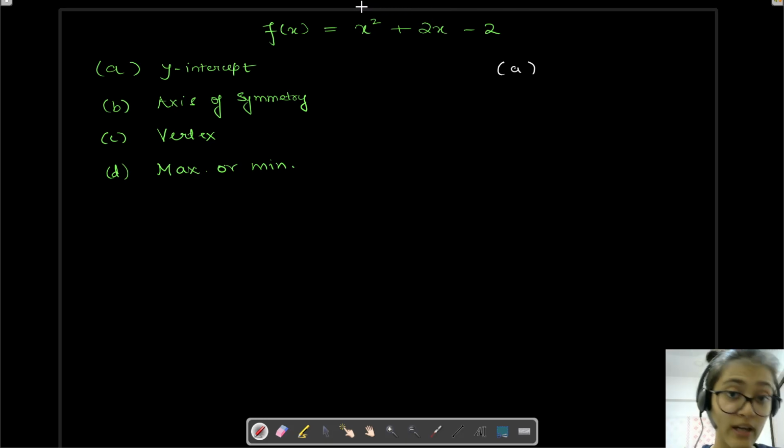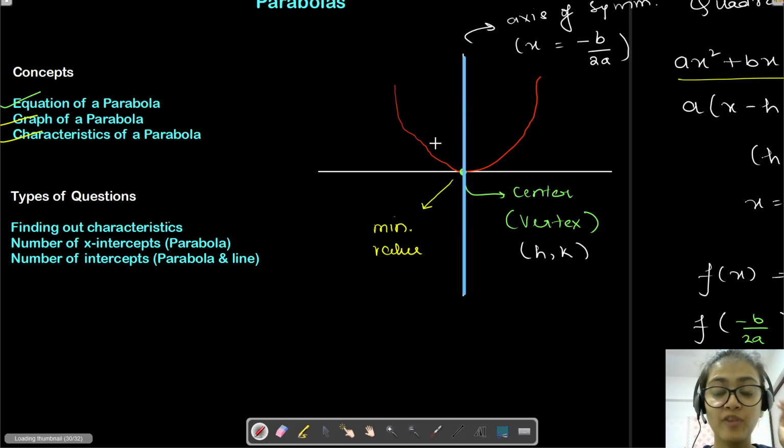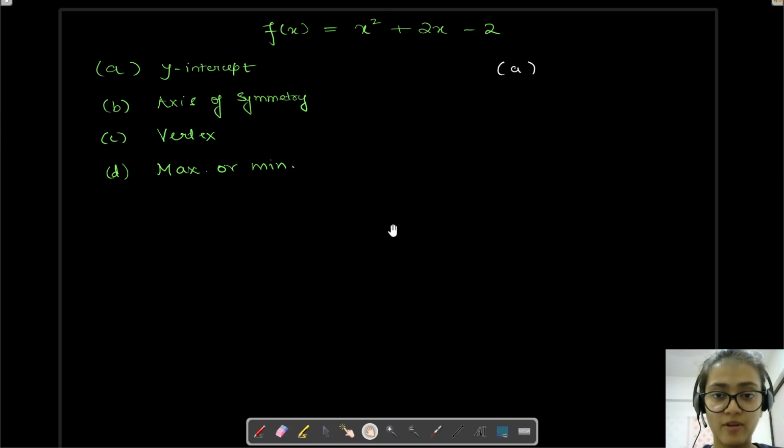Y-intercept is that point at which the graph of the parabola is touching the y-axis. Wherever the graph is touching the y-axis, that point is called the y-intercept.